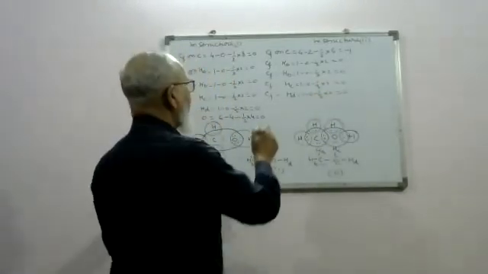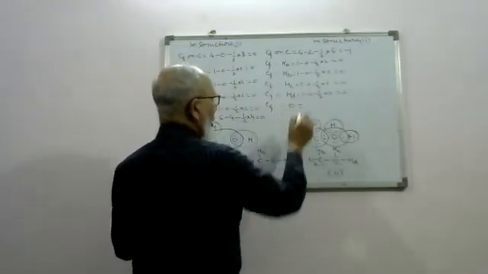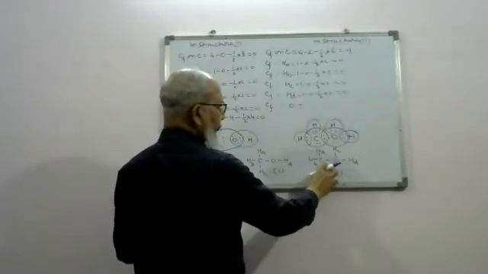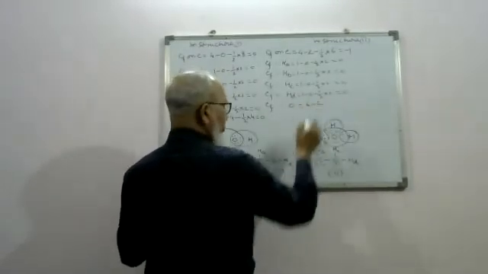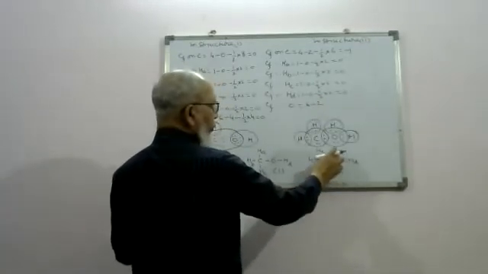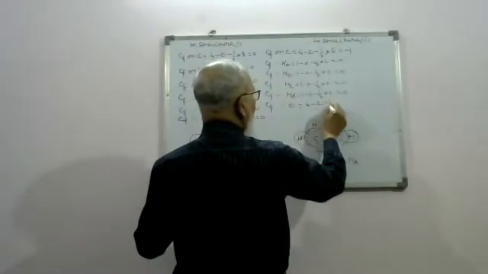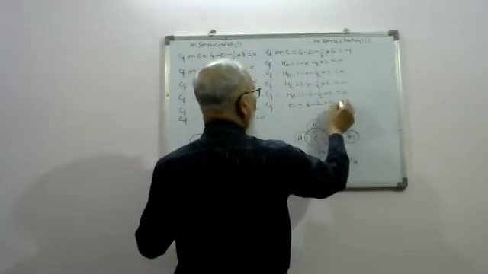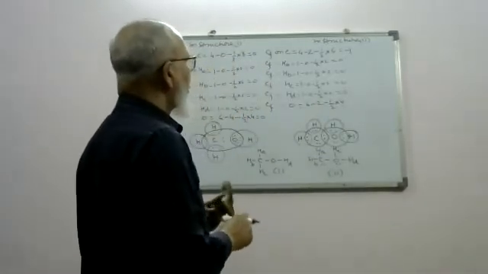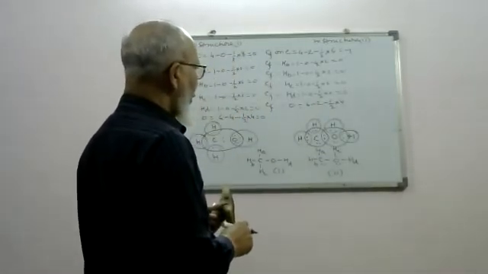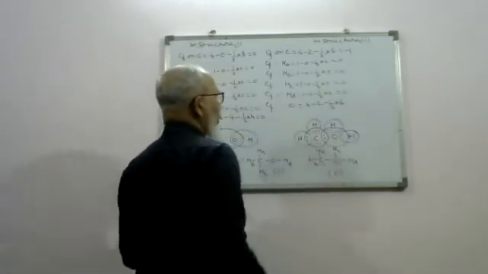Now formal charge on oxygen atom. This is your oxygen. Valence electron 6, unshared electron 2, and it is forming three covalent bonds, so this will be minus 1 by 2 into 6.